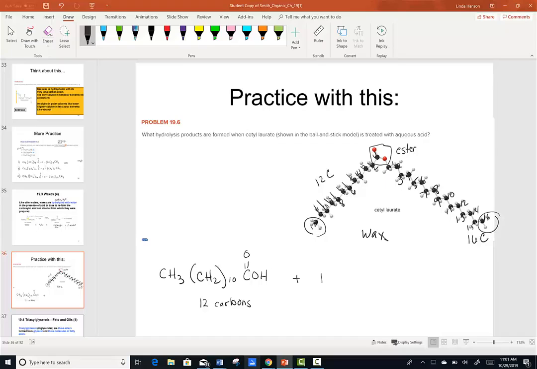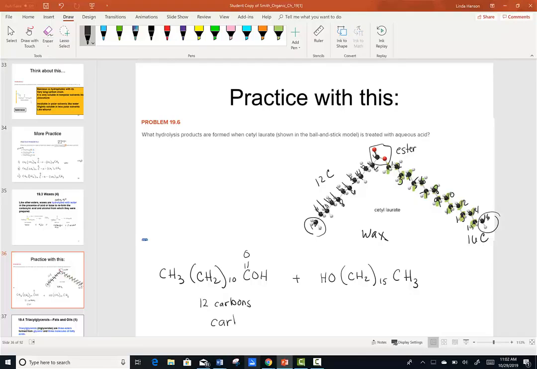Well, we can write it in this direction. We can write the alcohol, and then bonded to it were 1, 2, 3, 4, 5, 6, 7, 8, 9, 10, 11, 12, 13, 14, 15 CH2 groups terminating at the CH3 at the end of the chain. And that gives me 16 carbons altogether.